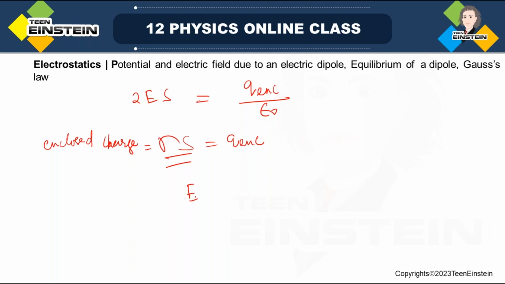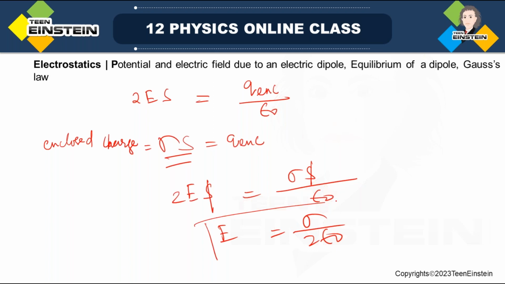So I can write 2ES equals sigma S by epsilon 0. S can be cancelled out, so E will be sigma by 2 epsilon 0. This value will always be constant.